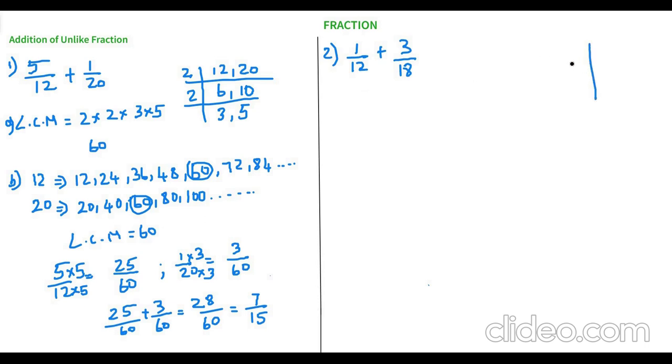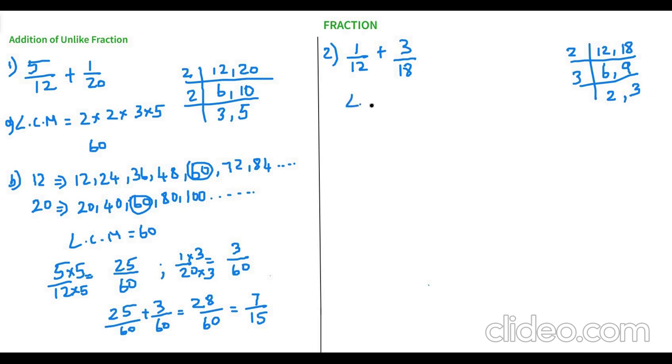I will be using the prime factorization method, which is very easy. 12 and 18, both are divisible by 2. So 2 times 6 is 12 and 2 times 9 is 18. Now 6 and 9 are both divisible by? Yes, 3. 3 times 2 is 6 and 3 times 3 is 9. Now 2 and 3 are not divisible by the same number. So we will leave them as such.